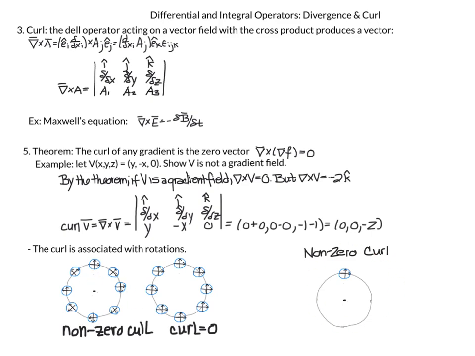I've made an animation of this disk in this flow. So that was my very impressive animation, but I'm not going to do one for curl equals 0. You can imagine it in your head.